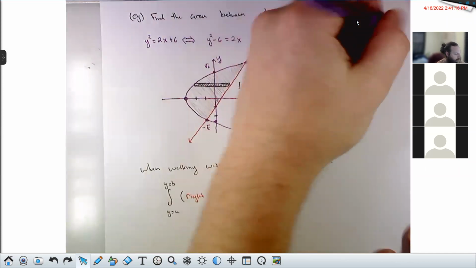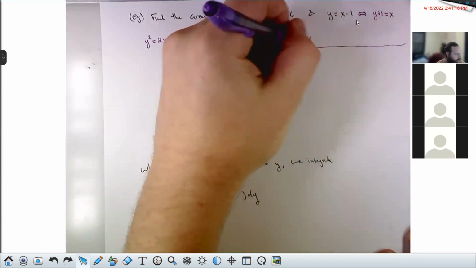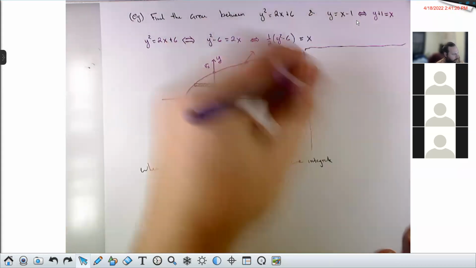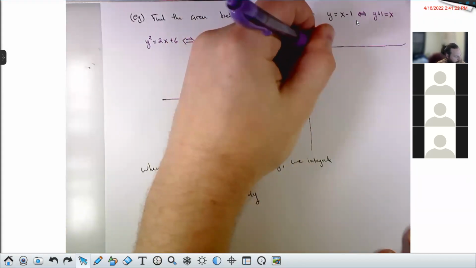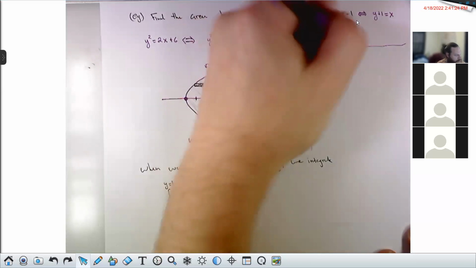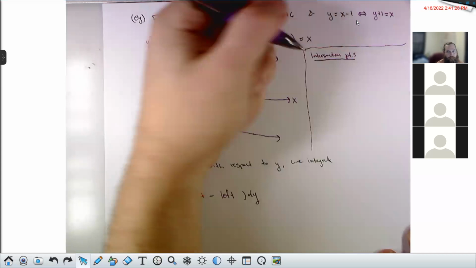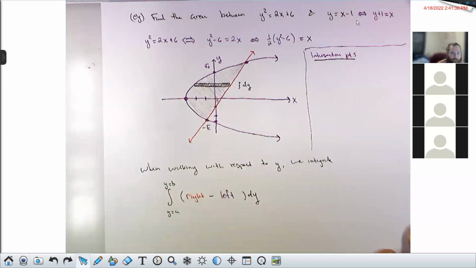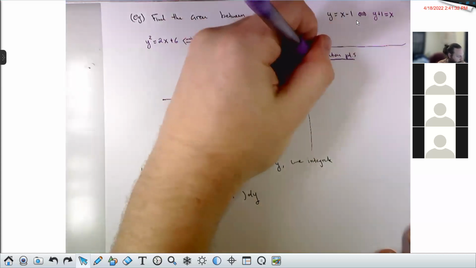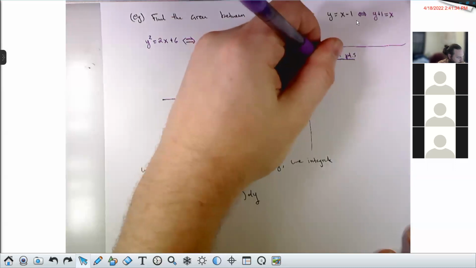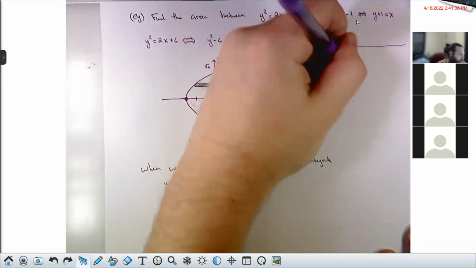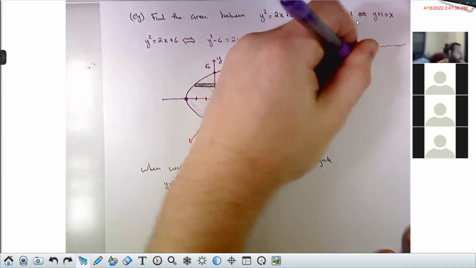And then I will solve for my intersection points over here. That means I'm going to take 1/2 y squared minus 6 and set it equal to y plus 1.